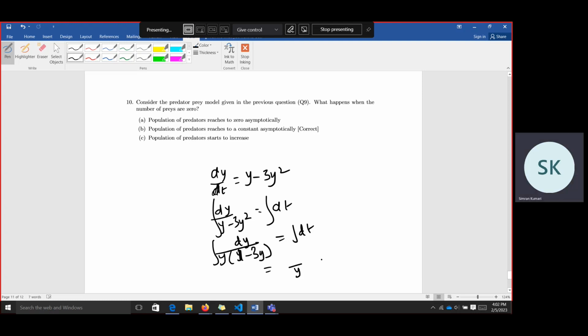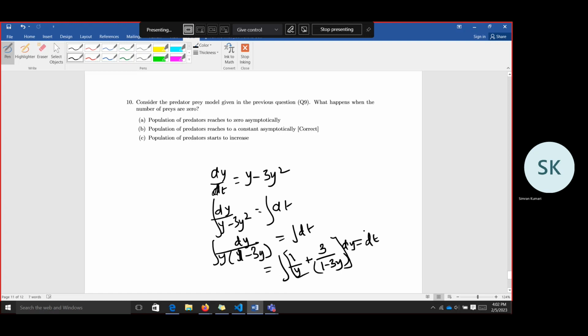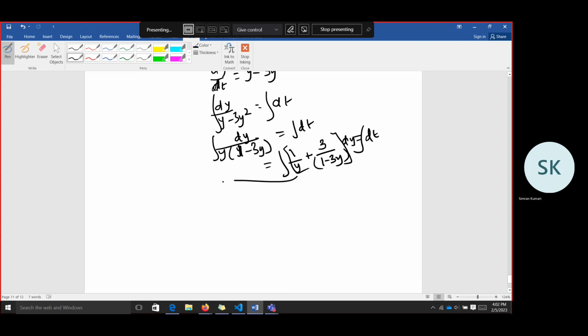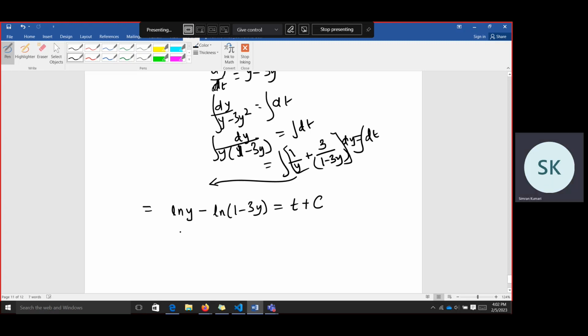What can we write for this? Some constant c.